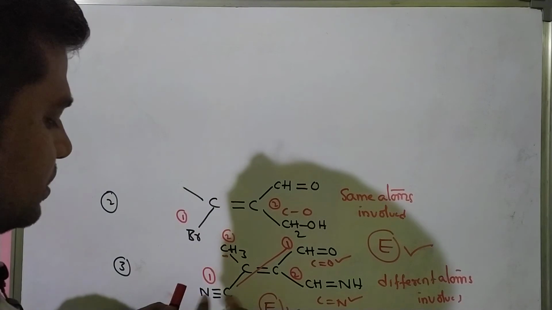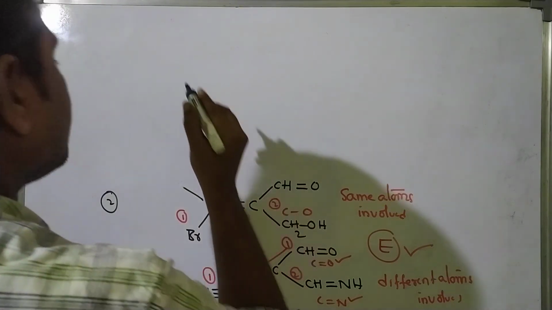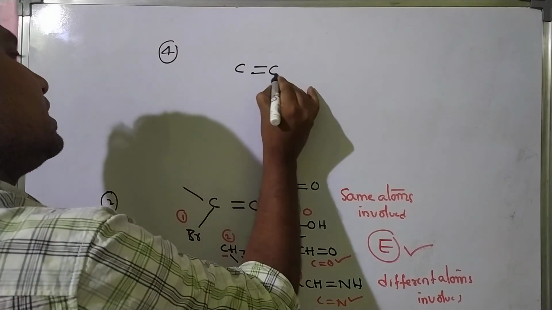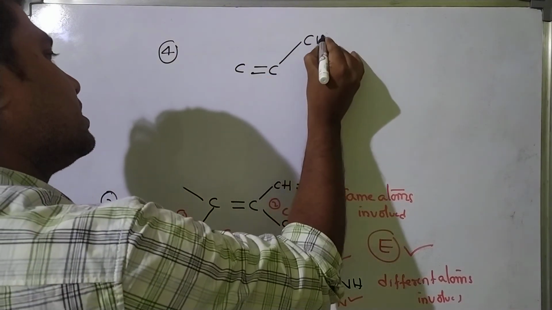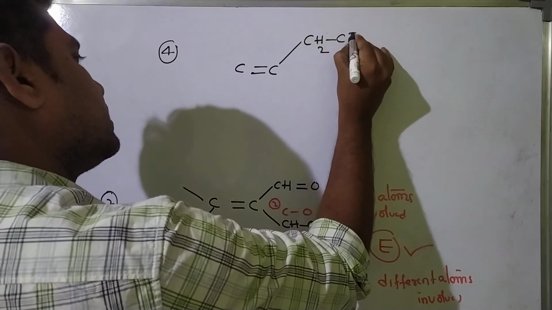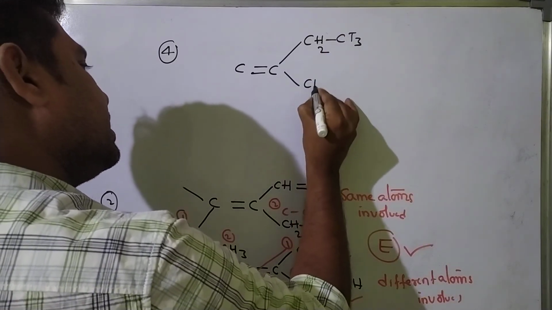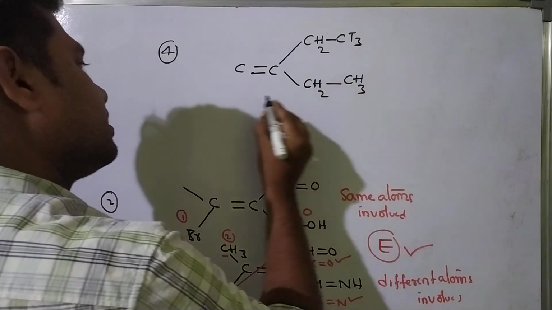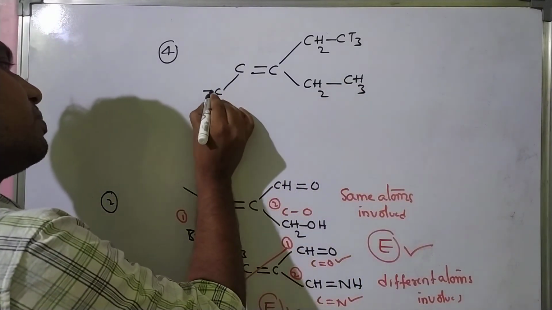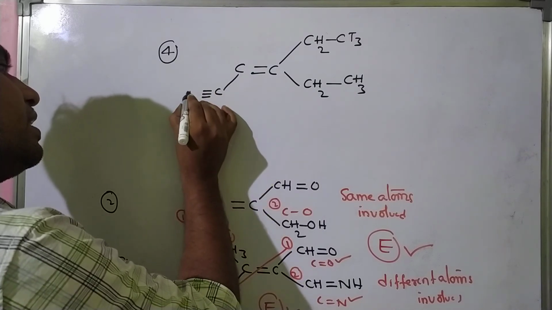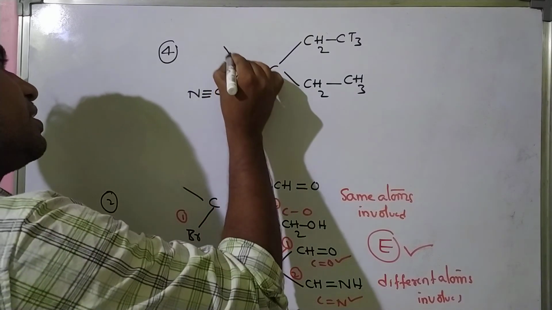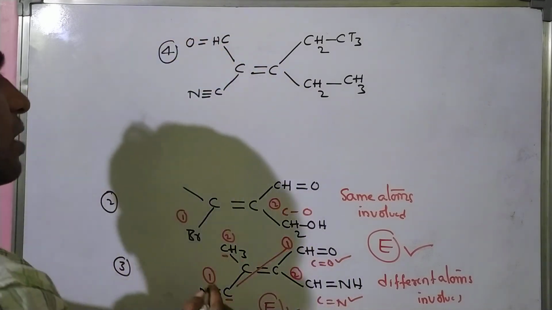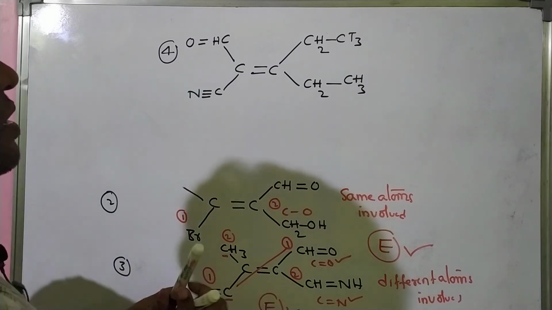Okay, some more examples because we must learn completely. C double bond C. Here CH2CT3, here CH2CH3. Here C triple bond N. Here CH double bond O. Now listen.